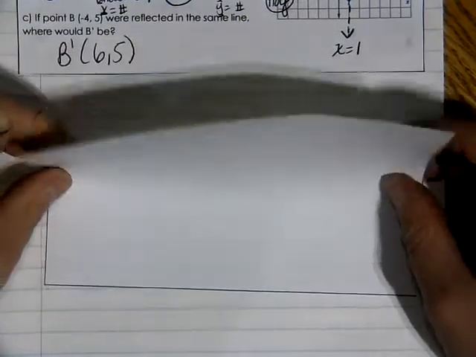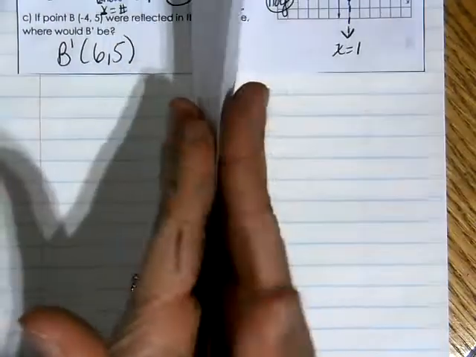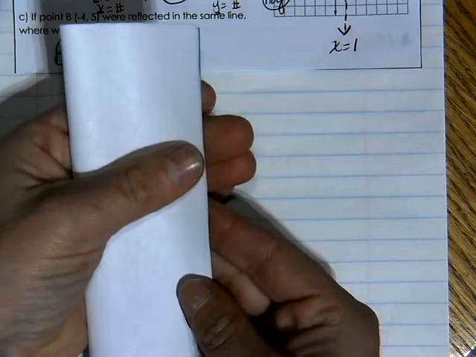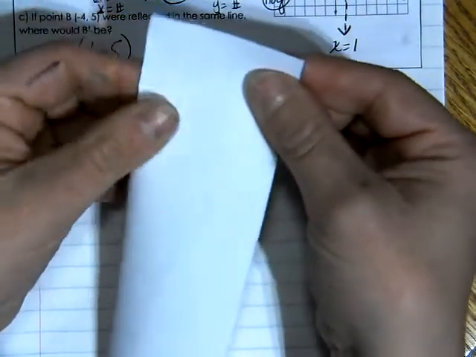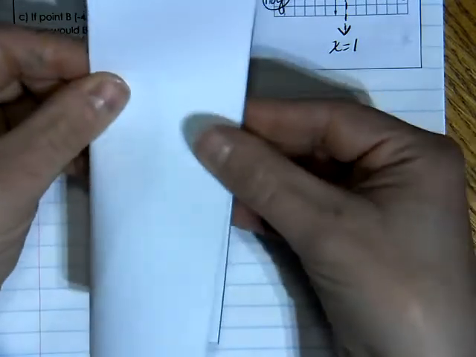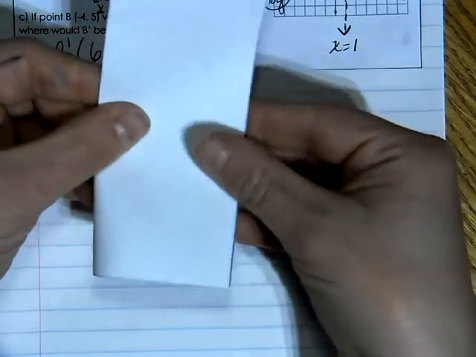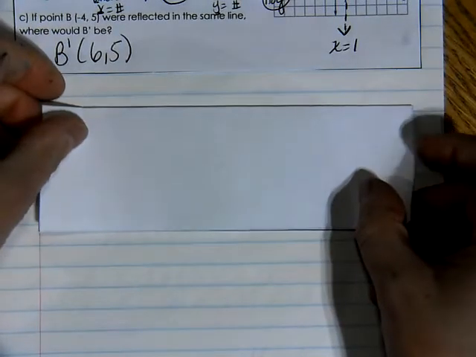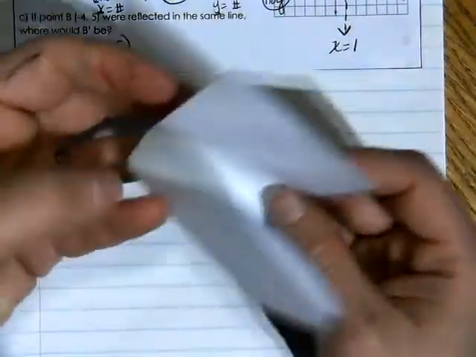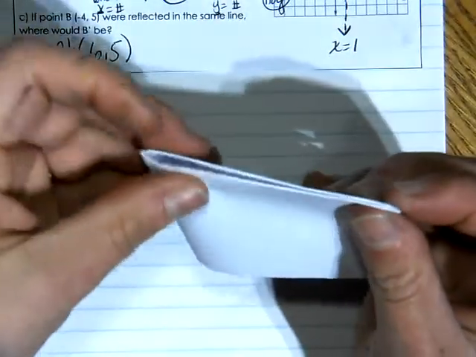For this foldable, please take it and fold it hot dog style. Hot dog style means that it's long and skinny. Then please fold it in half one more time.